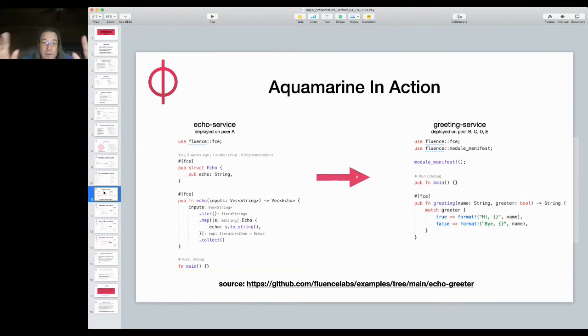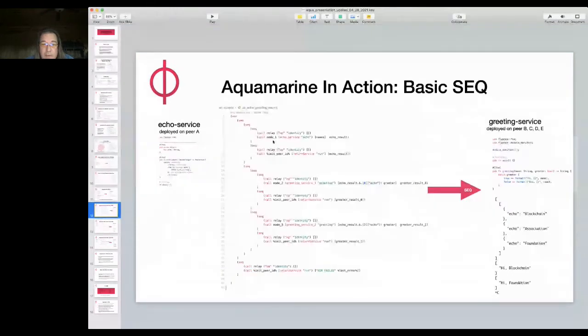The first one, those are the same two services. We have the echo service on node 1, and we give it our names, the array of strings: blockchain, association, foundation. Those are our 3 names going in. And we have our greeting service, and we actually have 2, one on node 2 and one on node 3.